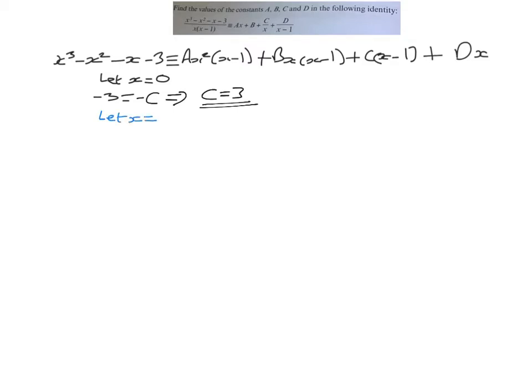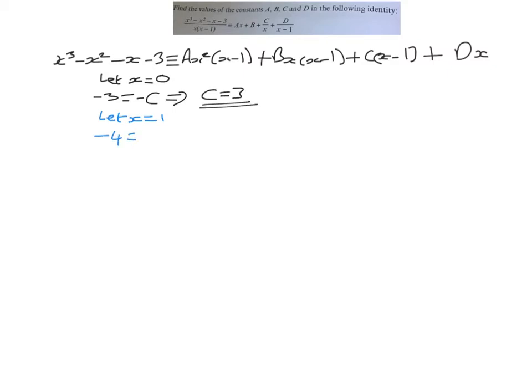Switch colour for the next bit. Let x equal 1. I choose x equals 1 because it's going to get rid of some stuff on the right-hand side again. On the left, we've got 1 cubed minus 1 squared minus 1 minus 3, so 1 minus 1 minus 1 minus 3, which is negative 4.